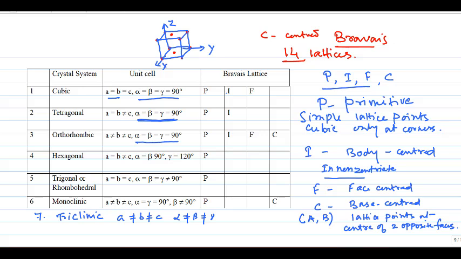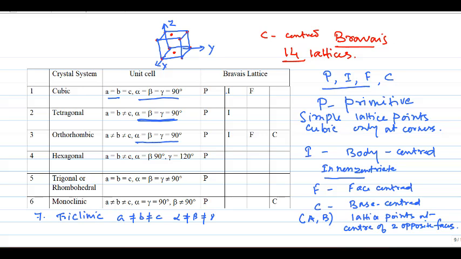In the tetragonal system we have 2, primitive and body centered. In orthorhombic we have all 4, primitive, body centered, face centered, and also base centered. Then comes hexagonal. Here we have only 1, primitive.